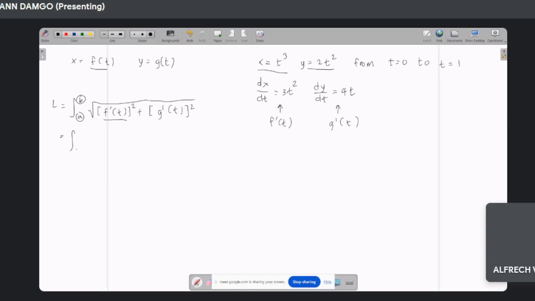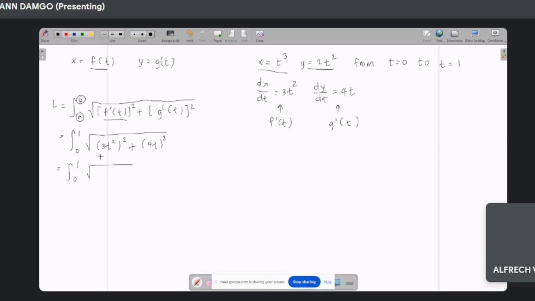So we have 0 to 1. So the square root of, so ang f prime of t, we have 3t squared to the power of 2 plus, so g prime of t is 4t to the power of 2. So we have 0, 1.